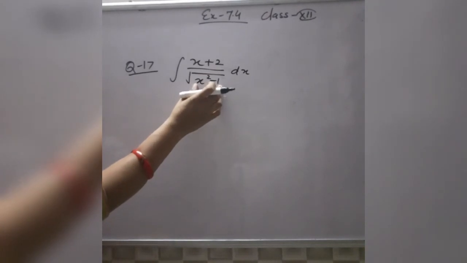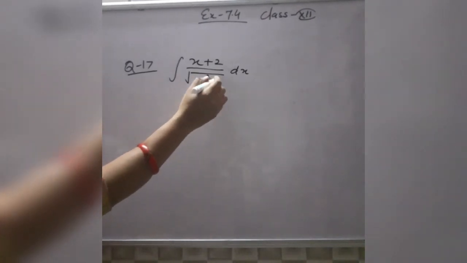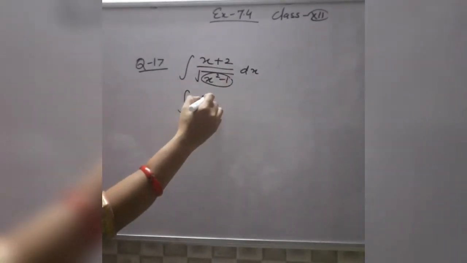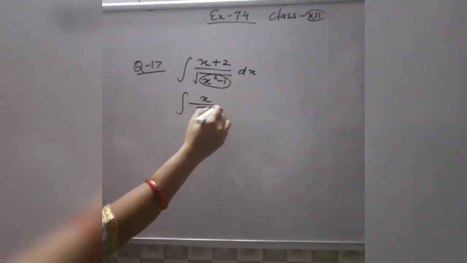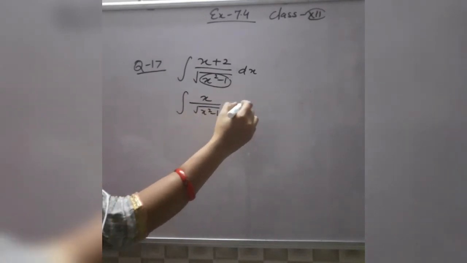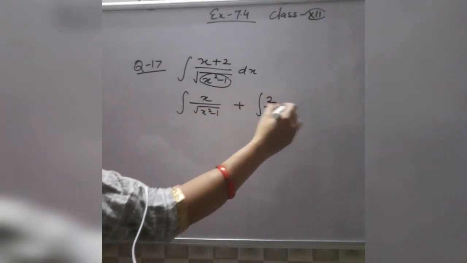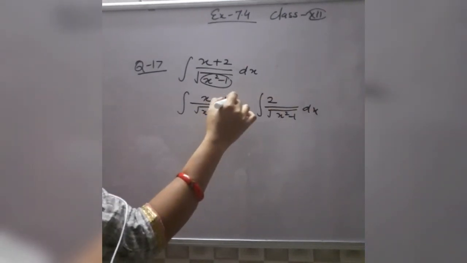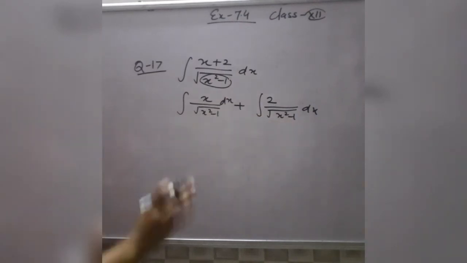All of you know what the derivative of x square minus 1 is: 2x. Firstly you will separate this, write this integration as x by root x square minus 1 plus 2 by root x square minus 1, means you will break this integration as a sum of two integrations.